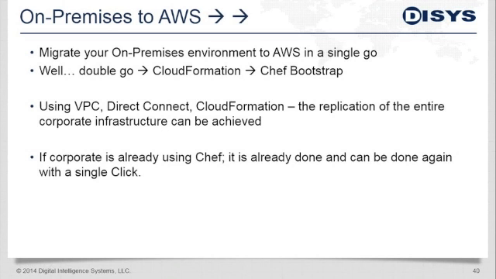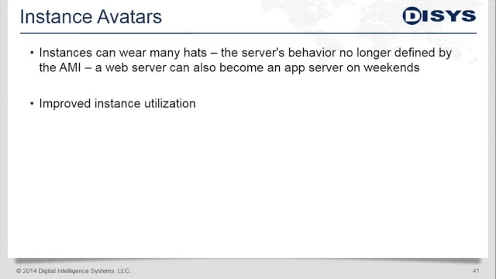And more likely, the corollary of this point would also mean the adoption of the all-in strategy, which is increasingly getting popular these days with AWS. Now, instance avatars: the core behavior of the EC2 instance was determined by an AMI.